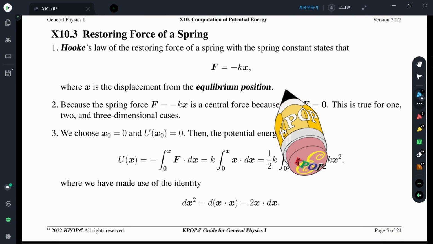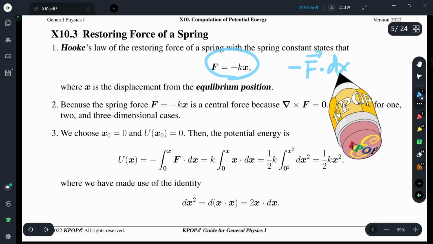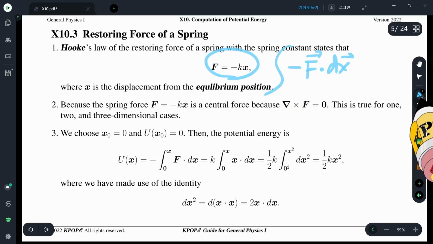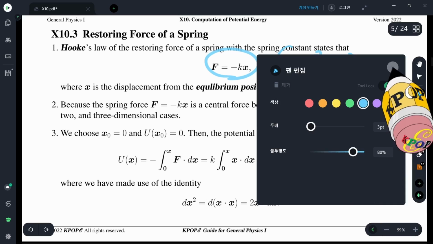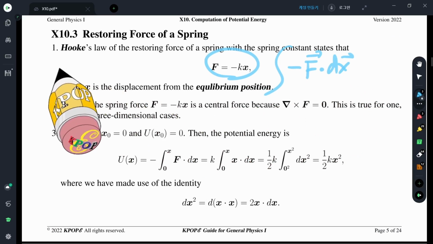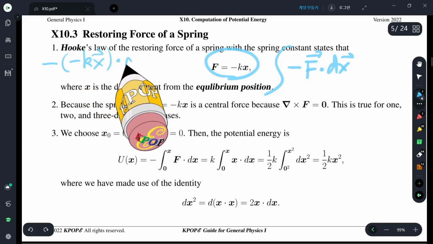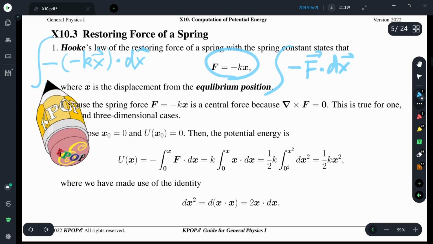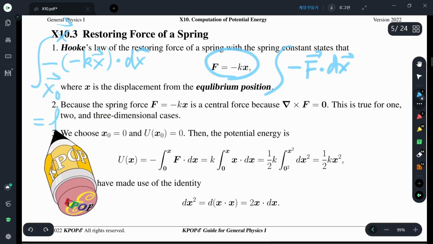Restoring force of a spring. We have a force here. I need to put the negative sign on it for the force and the integral. We substitute this one in here, then minus kx dot dx, integral from the reference point to a certain point. This one becomes a plus. K can be factored out.